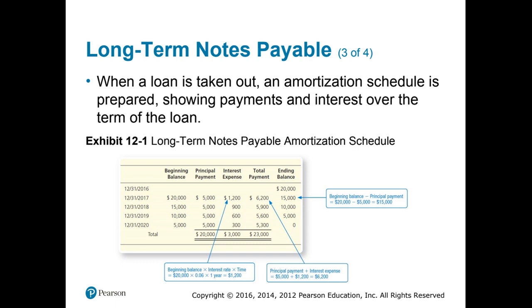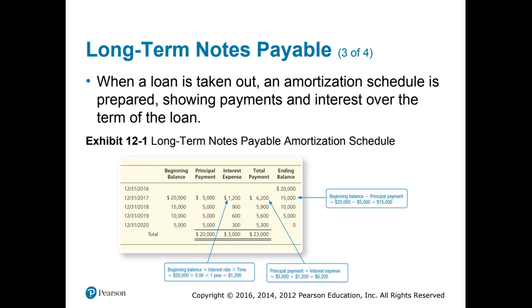And this is on page 598. It shows here, we started out with $20,000. On December 31st, 2016, our ending balance was $20,000.